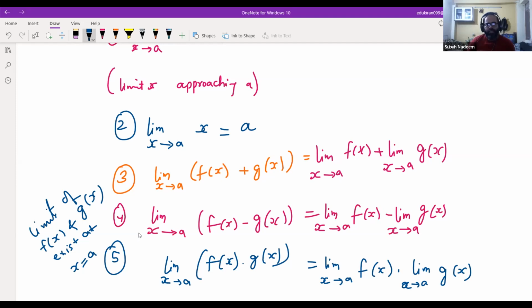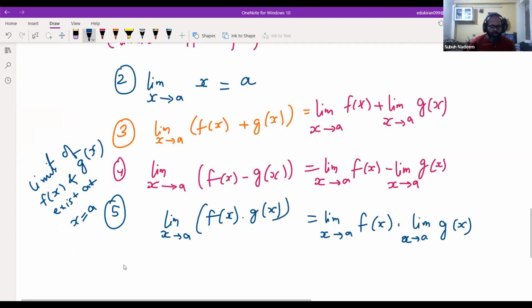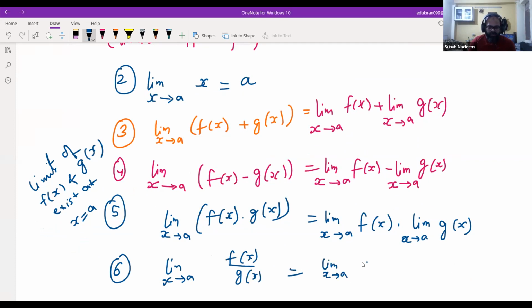If it does not exist, then of course we can't apply these properties, that we separate them. Sixth is limit x approaching a f of x by g of x. So this will be limit x approaching a f of x by limit x approaching a g of x.